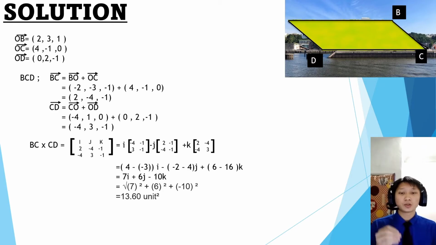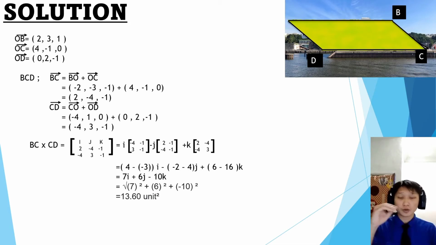Then for j, 2 multiplied by -1 is -2 and -1 multiplied by -4 is 4. For k, 2 multiplied by 3 is 6 and -4 multiplied by -4 is 16. After that, you equate it and it gives 7i plus 6j minus 10k.